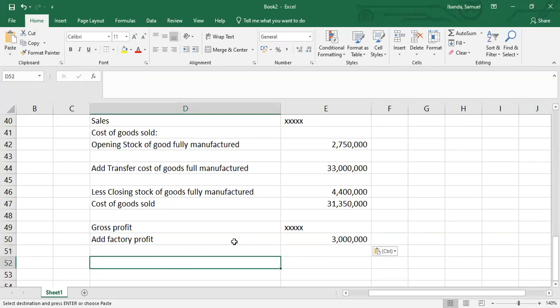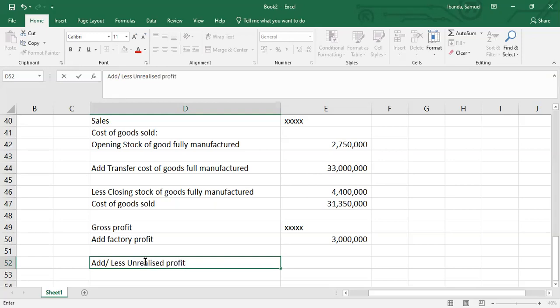Now, after you've added your factory profit, one of the other things you should do is add or less your unrealized profit on inventory.